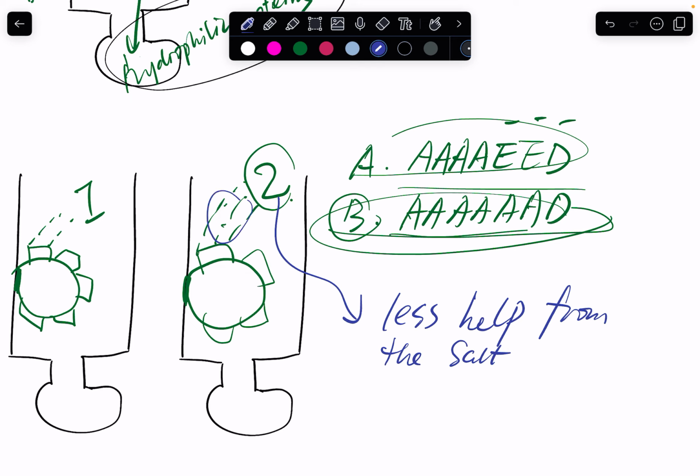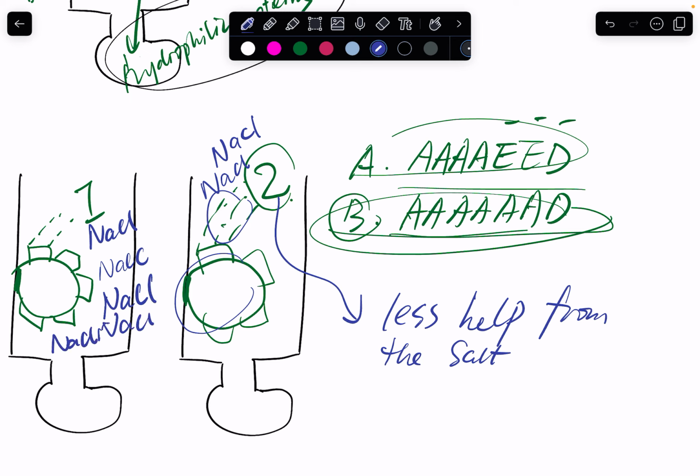Because its interaction is just so strong, it's easier for protein 2, this more nonpolar, more hydrophobic one, to bind to my stationary phase. So if I were to draw the salts in this column, I would just draw like 2 NaCl. I mean, it's ammonium sulfate that I told you, but just to make this process easier, right? Whereas for protein 1, I would need a ton of NaCl. Okay, all right. So I can imagine that they can test you on this.